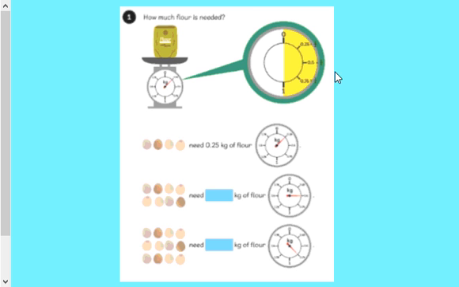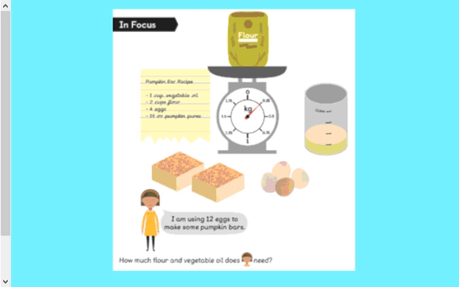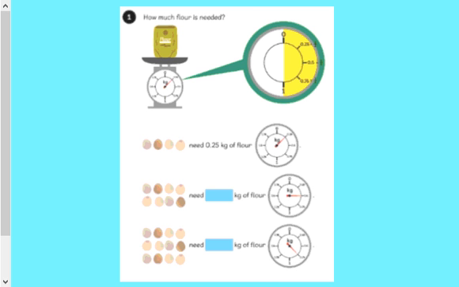Okay, so as we said just then, she's using 3 lots of the eggs. So in terms of flour, the recipe said initially that she needed 2 cups of flour. 1 cup of flour is 0.25 of a kilogram, or 250 grams.